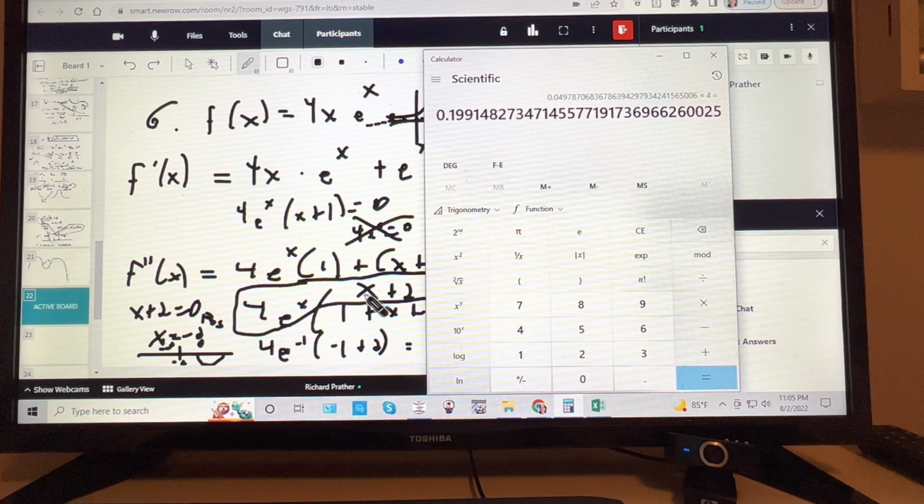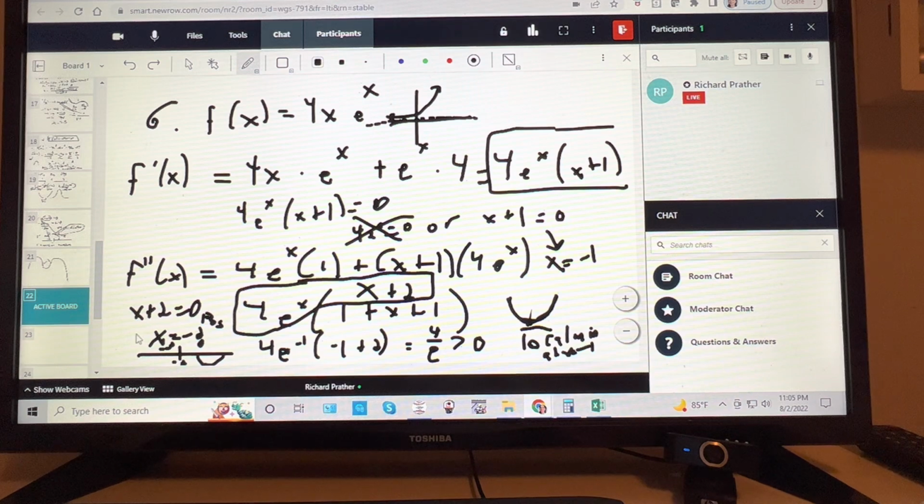But then when you plug -3 into x plus 2, you'll get times -1, so it'll just switch the sign. So it is negative. The original graph would be concave down from -infinity until you get to -2, and then it's concave up after that, so there is an inflection point at -2.